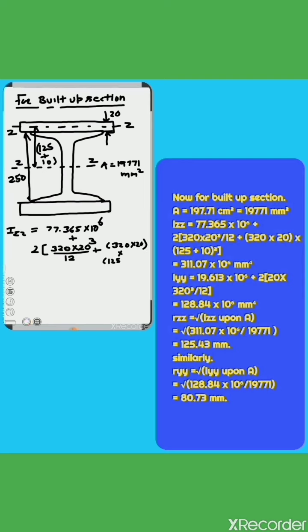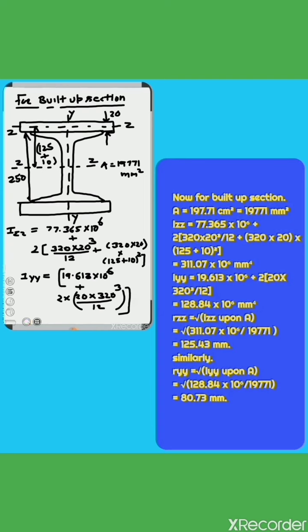We can have radius of gyration about both axes. RZZ equals square root of IZZ upon A equals square root of 311.07 into 10 to the power of 6 upon 19,771 equals 125.43 millimeters.